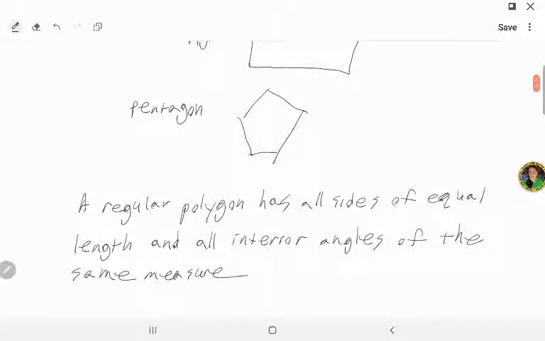So we notice that a square is a regular polygon, but a rectangle isn't unless it's a square. A pentagon can be a regular polygon, but it winds up being very specific.